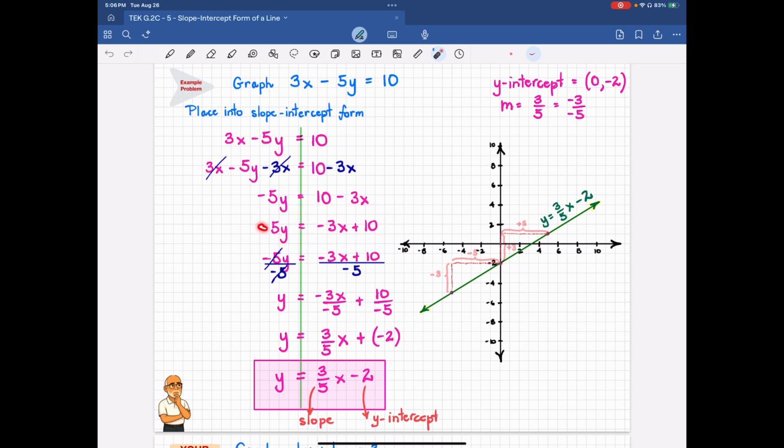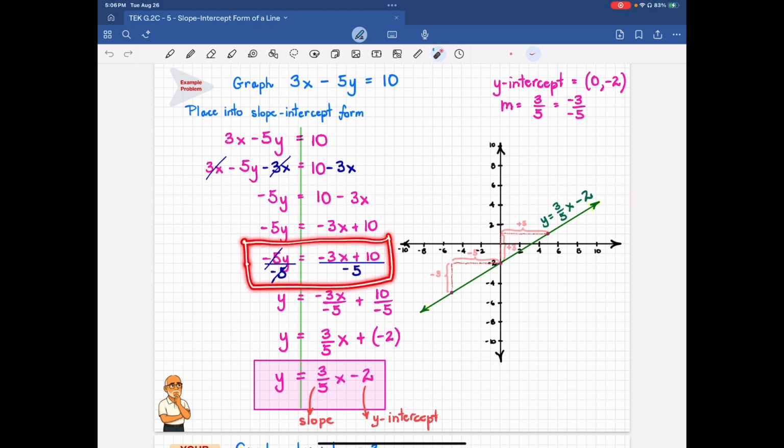So if I'm multiplying by a negative 5, I have to get rid of it by dividing by a negative 5. And if I divide the left side by negative 5, to keep the equation equal, I have to divide the right side by negative 5 as well. So that is my exact next step.